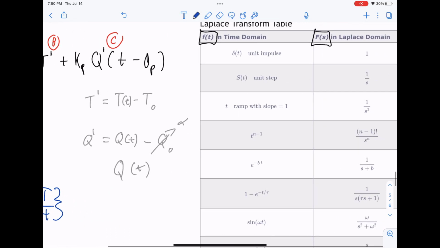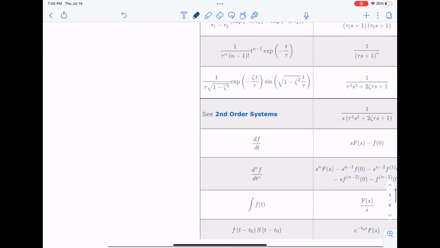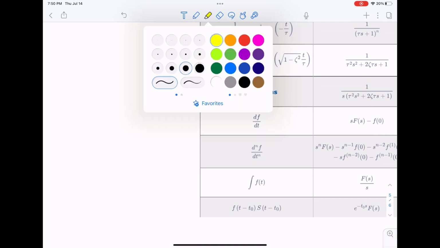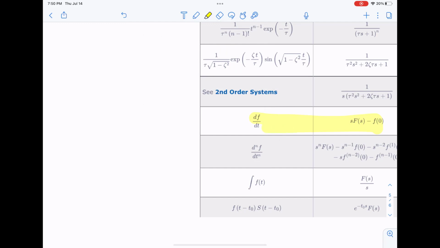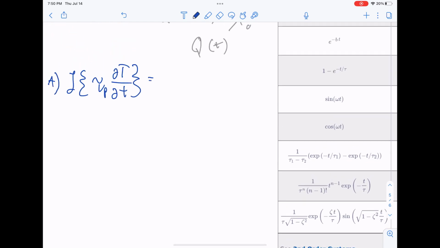So let's go ahead and look in our table, and we'll look on the left-hand side for something that looks like that. I think right here, that's what we're going to use. So we have some constant times that. Our tau p is a constant times s, instead of an f, it's going to be a big T of s, minus that big T at time 0.